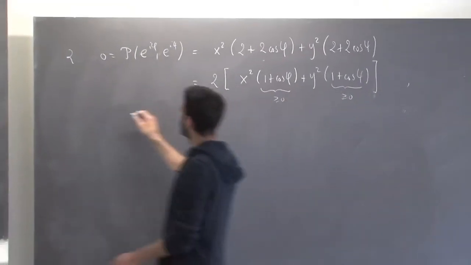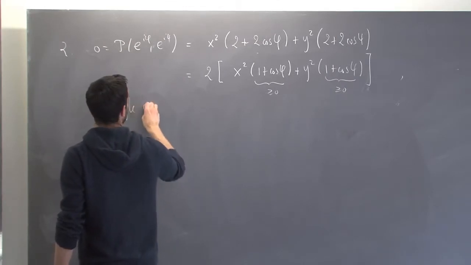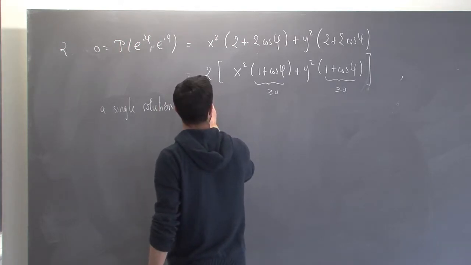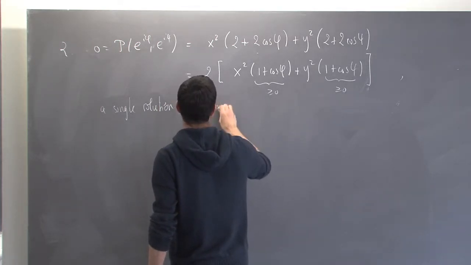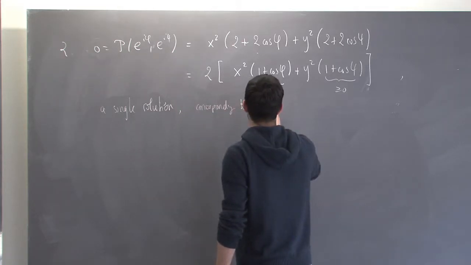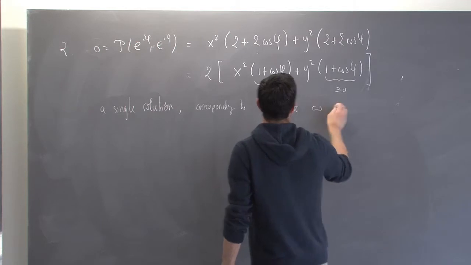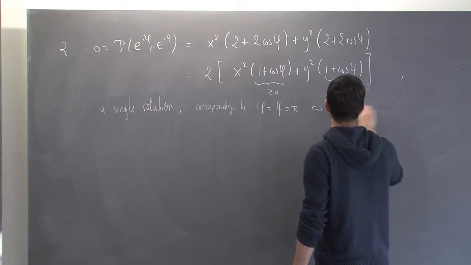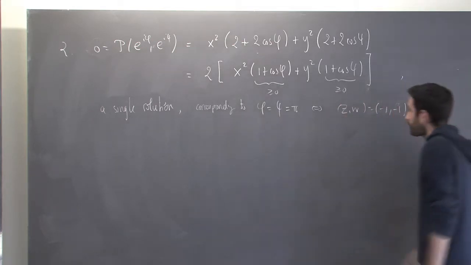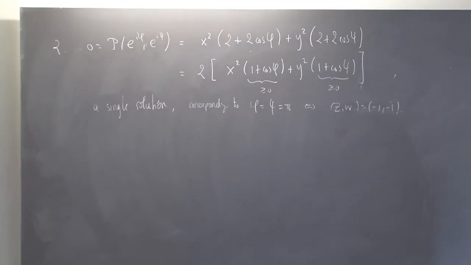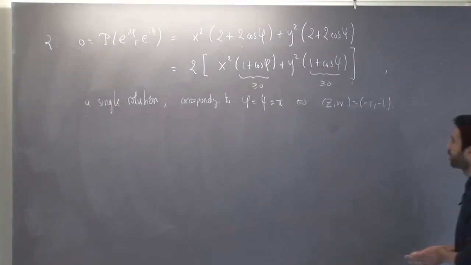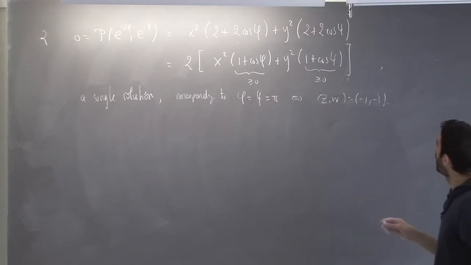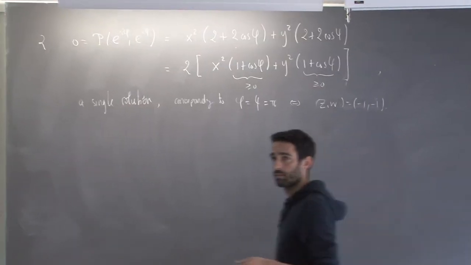So a single solution, φ equal ψ equal π, which is the same as saying z equal w equal -1. Okay? So here it's still okay, it's kind of tractable. So it works for the square lattice as well.